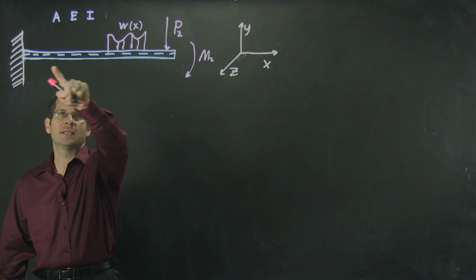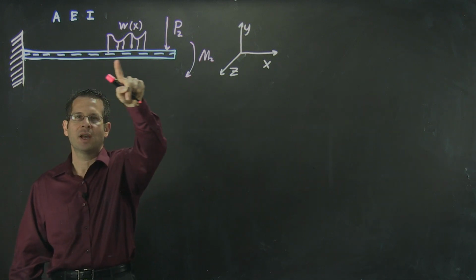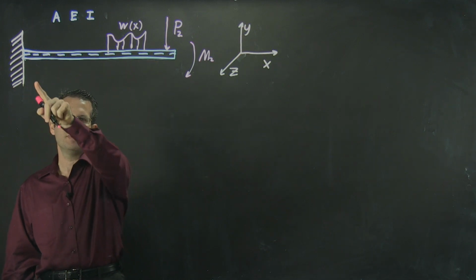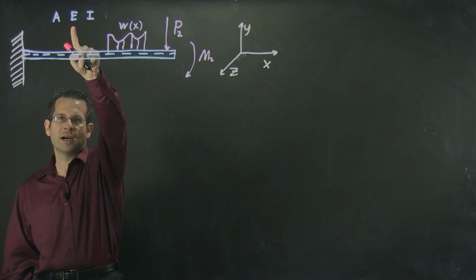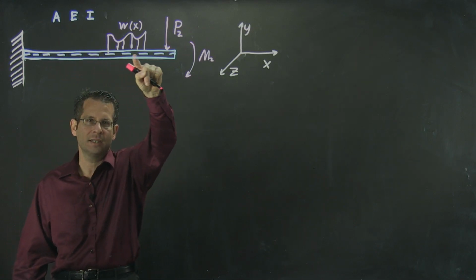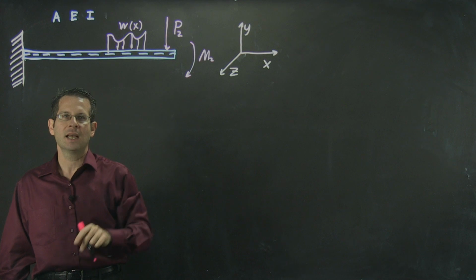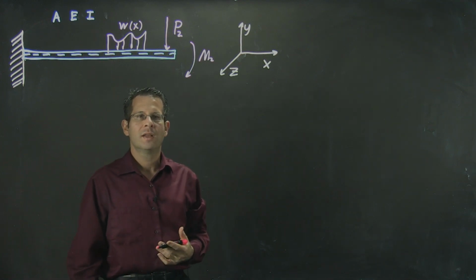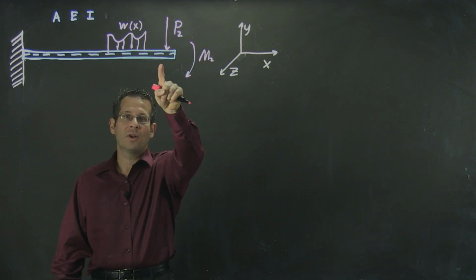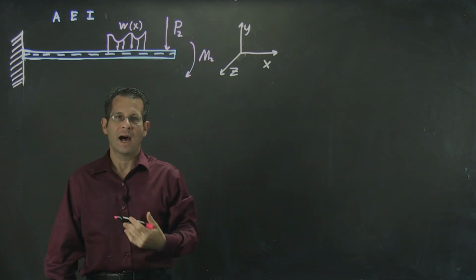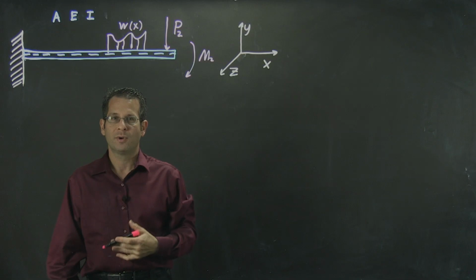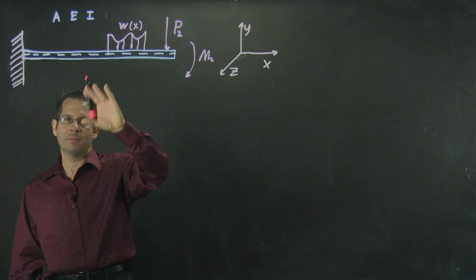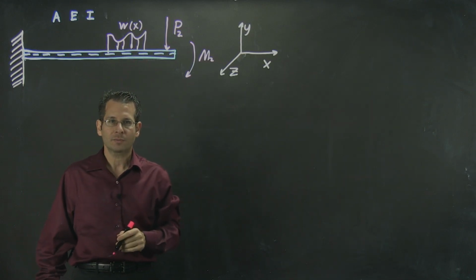Now the beam itself, of course, will have some cross-sectional area, which may be constant or may be a function of x. It'll have a Young's modulus, which may be constant or may be a function of x. And we'll have a new parameter I, which stands for the principal moment of inertia, and we'll discuss that more in later videos.